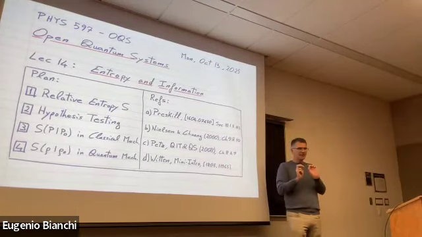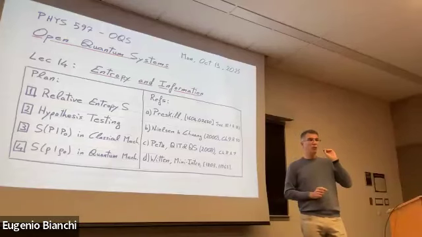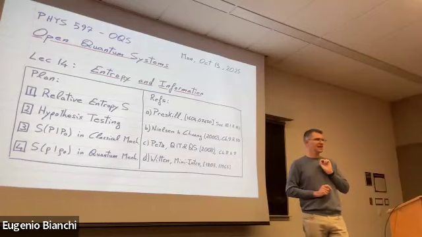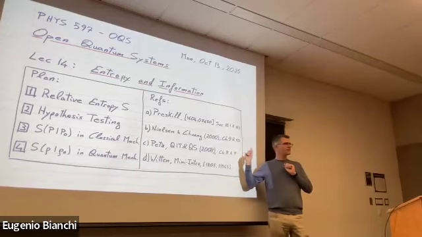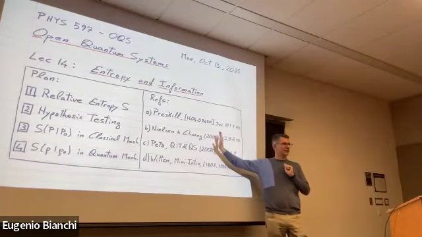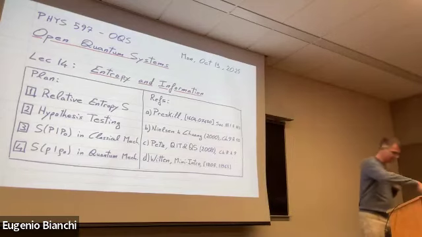So the plan for this lecture is to look at entropy, at one specific concrete definition of entropy and information. You have the slides. If you haven't checked, download them. I'm going to use the slides and comment directly on them, okay? So what is the plan?